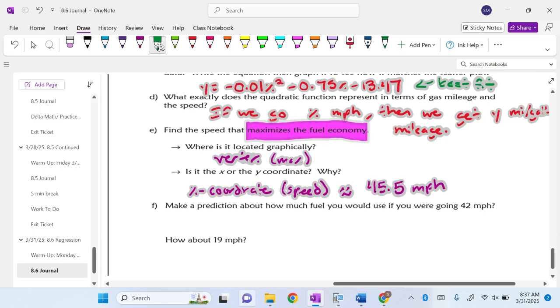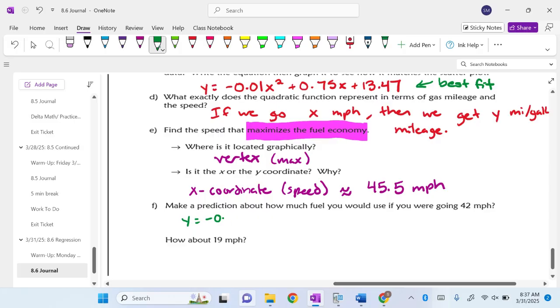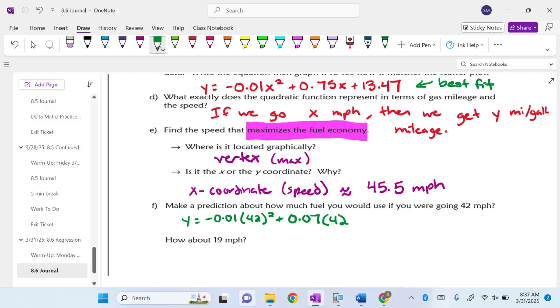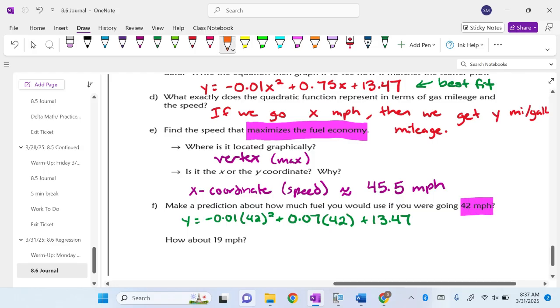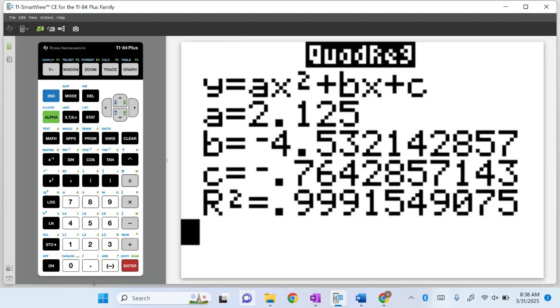So we would have y equals negative 0.01 times 42 squared plus 0.05 times 42 plus 13.47. All I did was they gave us the speed, which again is our x value, and we just plug it into our line of best fit. And for that, guys, you can just put that straight into your calculator.